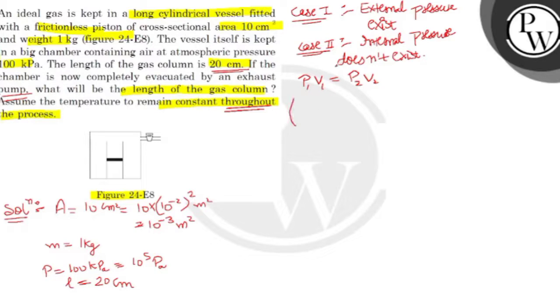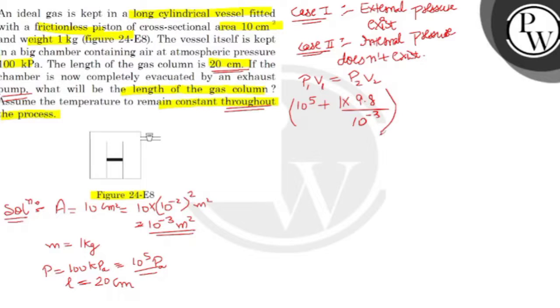P1 is the external pressure 10 power 5 pascals plus rho g h. This one formula we have to apply, and we know the value of g is 9.8. So 1 into 9.8 divided by 10 power minus 3, since it is a frictionless piston and we take mass 1.